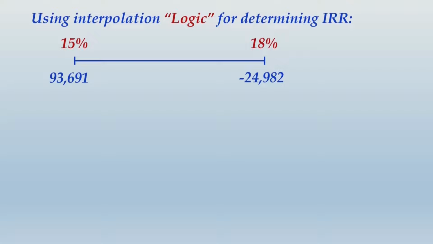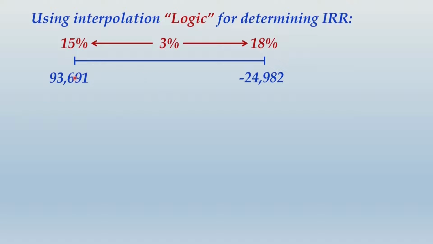So now let us find the gap between the lower and higher discounting rates. The gap between 15 and 18% is basically 3%. Now let us also find the gap between positive 93,691 and negative 24,982. If I ask you to find that gap, do you know what you will do? You will simply take 93,691. From here you will travel to 0.